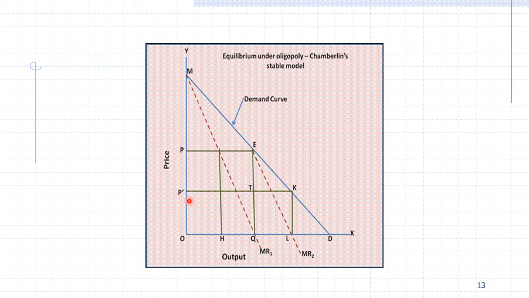For producer A, it gets reduced from OPEQ to OPTQ, because the price is now reduced to P dash. Because two firms are here, the supply is higher. According to the law of demand and supply, when the supply is higher, the price will go down.